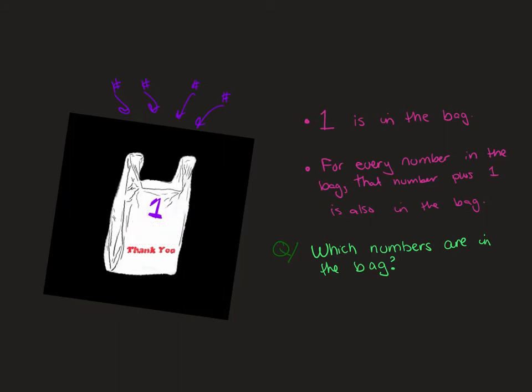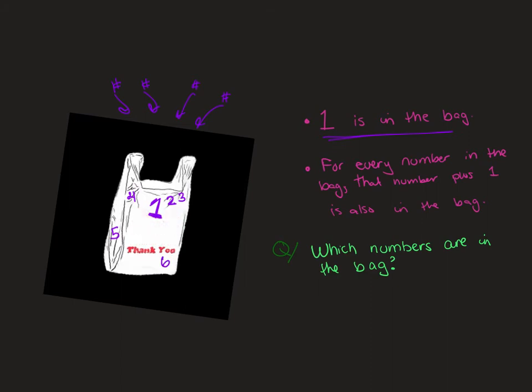Okay, so I know that this number 1 is in the bag because that was given. Since 1 is in the bag, the next number must be in the bag, so 2 must be in there. But now since 2 is in there, 2 plus 1 must be in the bag, so 3 must be in there. 3 is in there, so 4 must be in there. 4 is in there, so 5 must be in there. 5 is in there, so 6 must be in there.